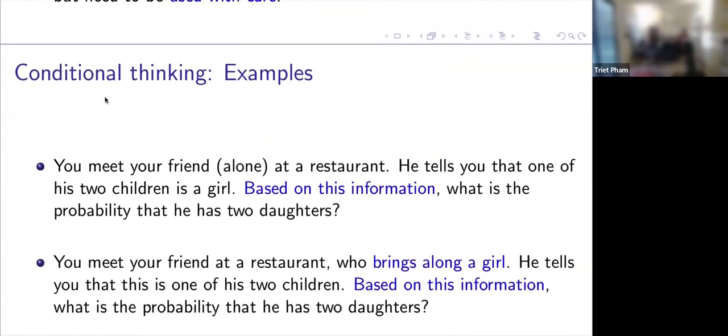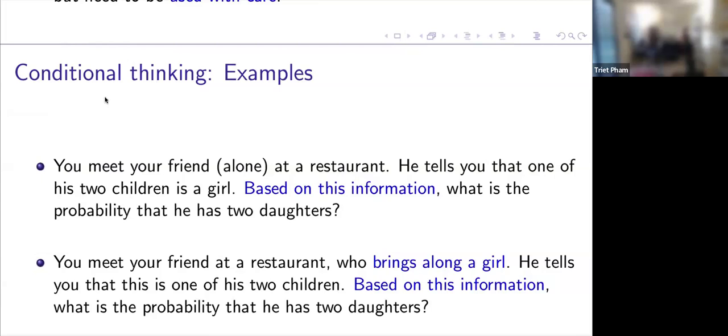Now, to show you that conditional thinking actually is not a walk in the park, it's not easy at all, let's compare these two examples. What I'm asking you to do now is to read these two carefully and think, first of all, what the answers are for these questions.